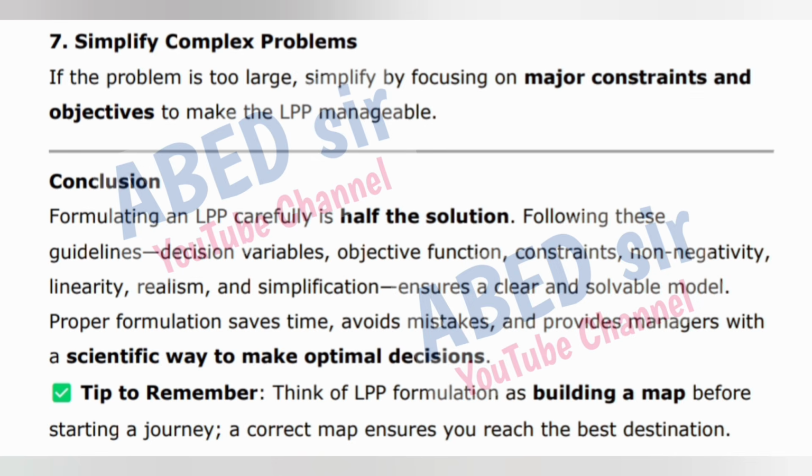Proper formulation saves time, avoids mistakes, and provides managers with a scientific way to make optimal decisions. Tip to remember: think of LPP formulation as building a map before starting a journey. A correct map ensures you reach the best destination.